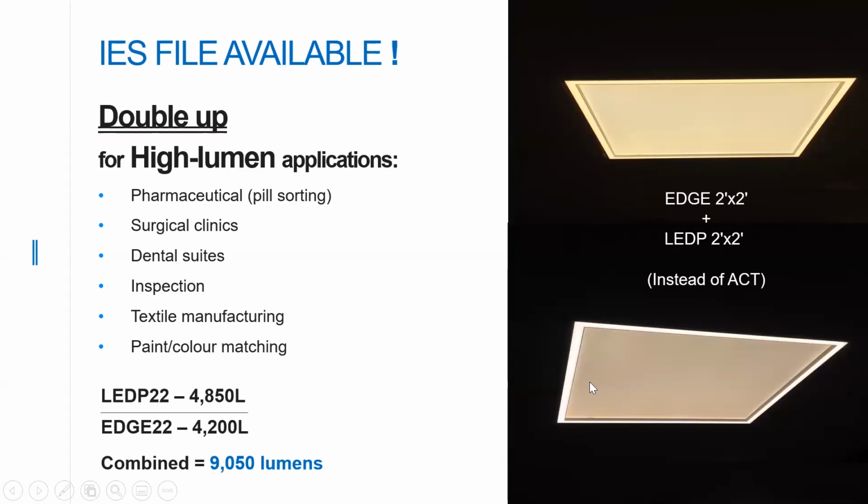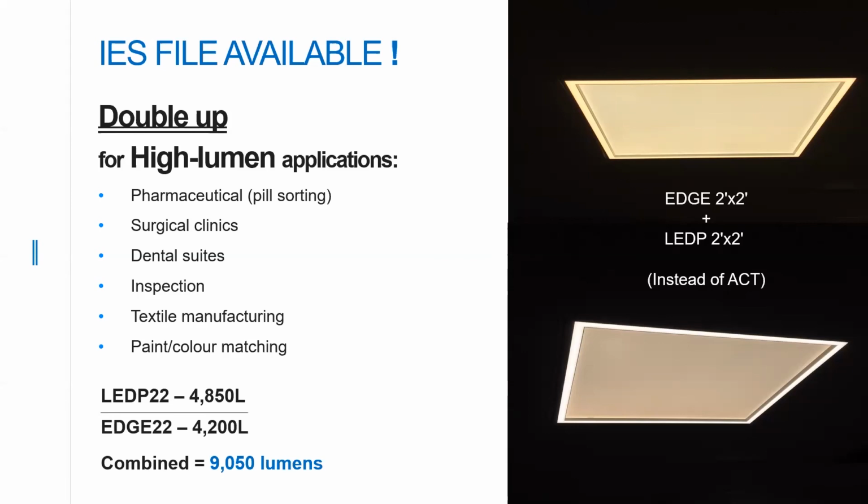All right. This is something else that we've done recently. We've actually created an IES file for our edge luminaire, which is a lay-in grid luminaire. And instead of putting an acoustic tile inside, we put a 2x2 panel, one of our LED edge lit panels inside, and measured the IES file with both combined. And these are the types of applications that require high lumen, so 80 to 100 foot candles.